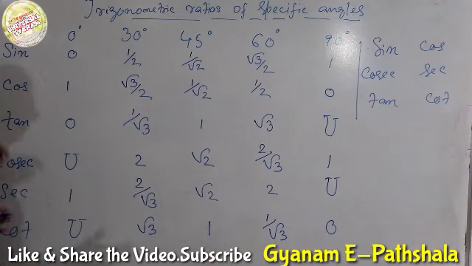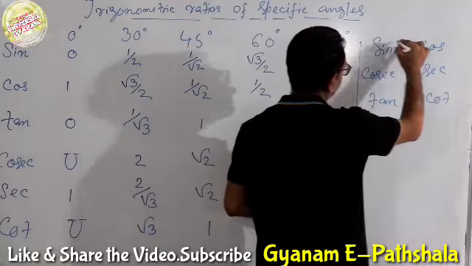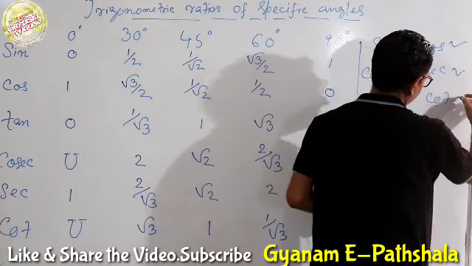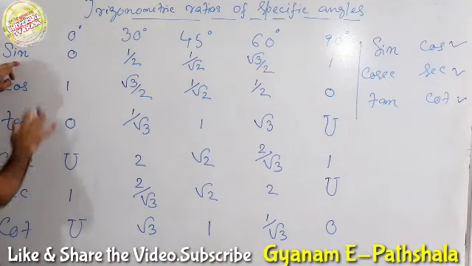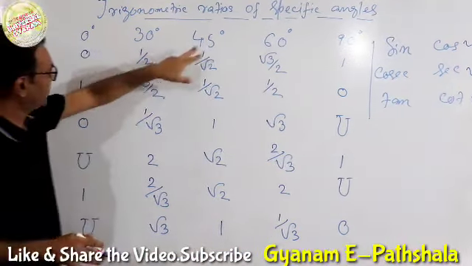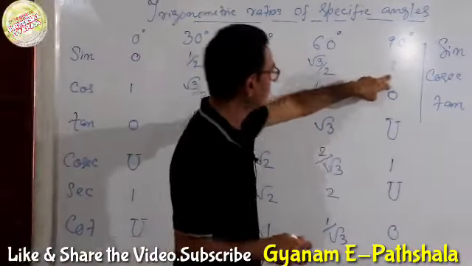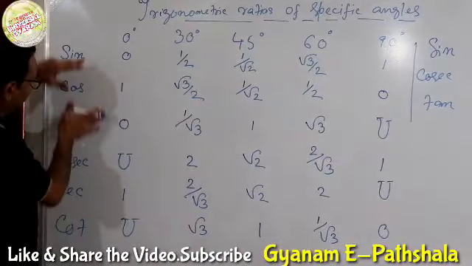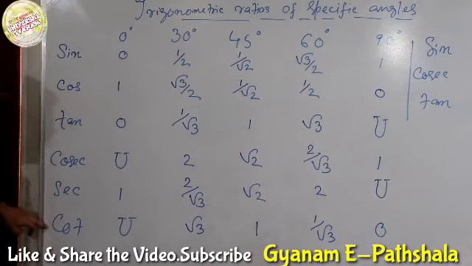That's one of the tricks, but it's lengthier because you are going through these three things individually. What I suggest is just remember sine 0 is 0, sine 30 is half, sine 45 is 1 by root 2, sine 60 is root 3 by 2, sine 90 is 1. From here you can go to the rest of the 5 ratios.